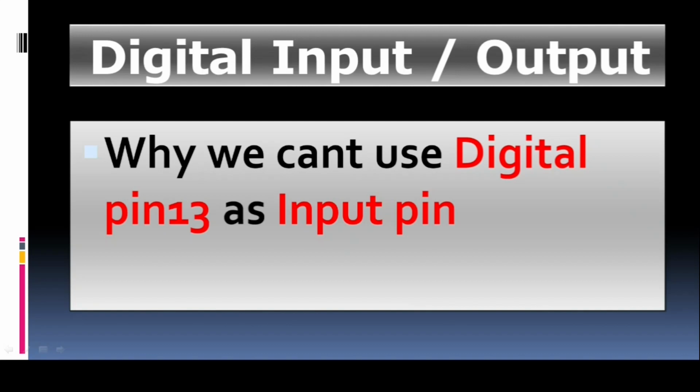When we use this pin as an input pin, in the ATmega328 an internal 20K resistor value is also added. Due to this we get 1.7 volts or less. Due to that low voltage, the input function does not work properly, and sometimes it fluctuates and sometimes does not work. If we remove the LED and resistor, then we can use this pin as an input pin.